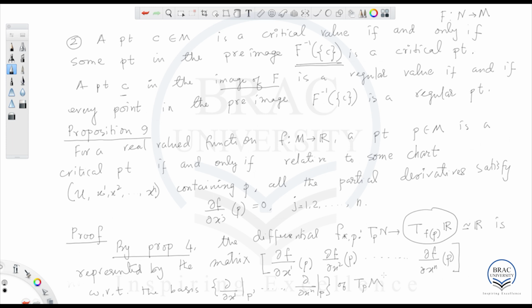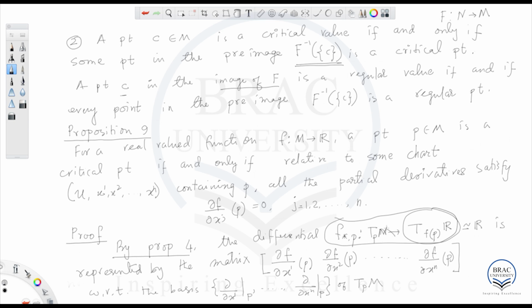since f is the map. Where is the map? Yeah, no, the differential is this map, right? No, I think I made a mistake here.